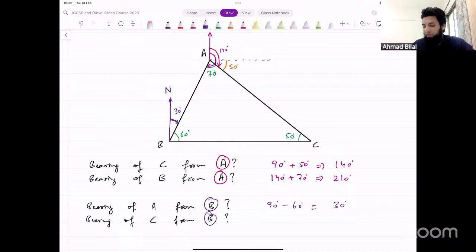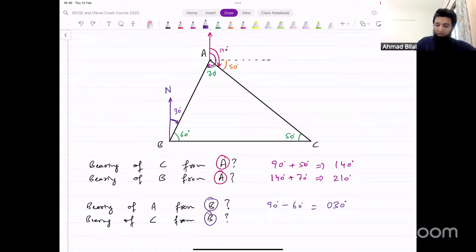Okay, so instead of writing 30, we should write it as 030. So bearing is generally written as 3 digits, before decimals. If there are any decimals, before decimals, we write 3 digits generally. So 030, that's the bearing. Although sometimes they don't deduct marks for this, but they expect you to write it this way. So write 3 digits like this.